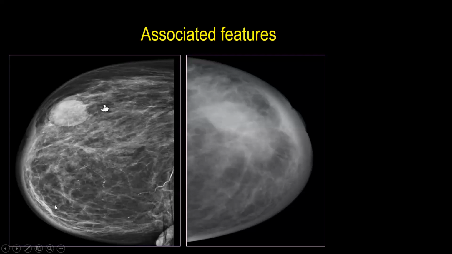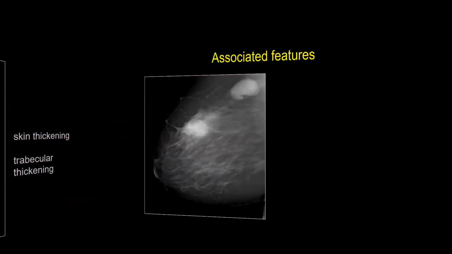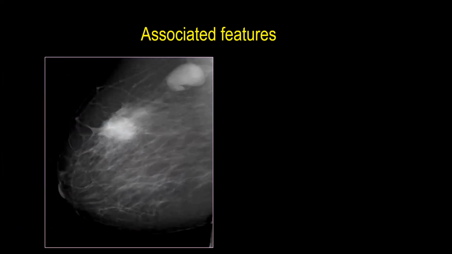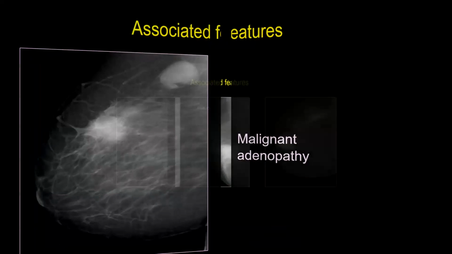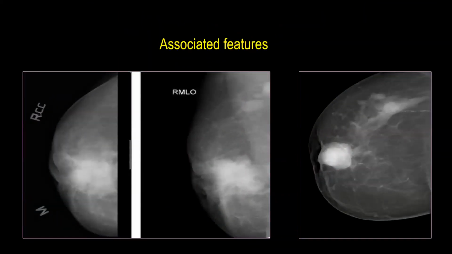Skin thickening and trabecular thickening. And here, the associated feature is enlarged lymph nodes, axillary adenopathy. Okay, malignant adenopathy. Associated features? Skin retraction, skin thickening and retraction in the left one.